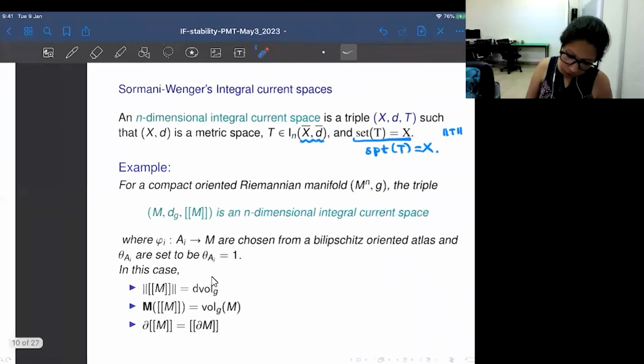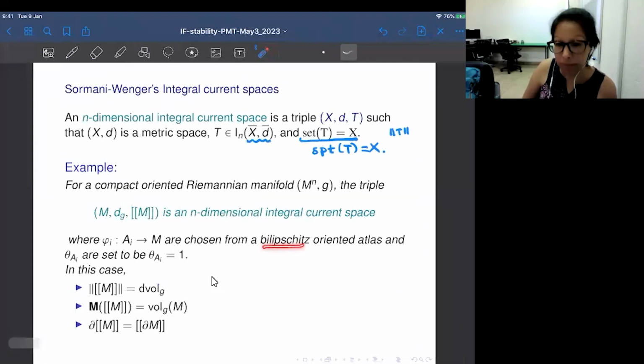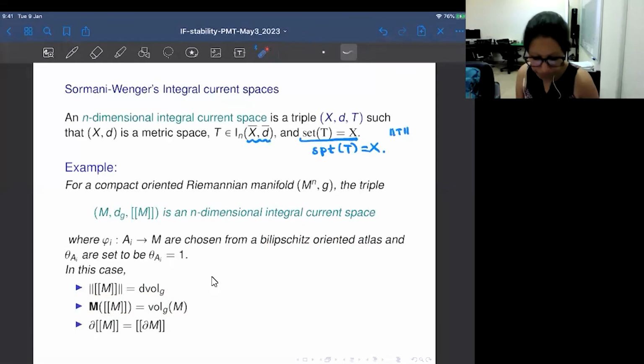So it comes from a bi-Lipschitz oriented atlas on M, and we choose theta_i equal to 1. With this definition, the mass measure just coincides with the volume form. The total mass of the current is just the volume of the manifold, and the boundary of this current is just the current of the boundary of M.